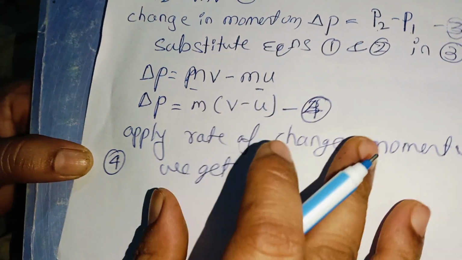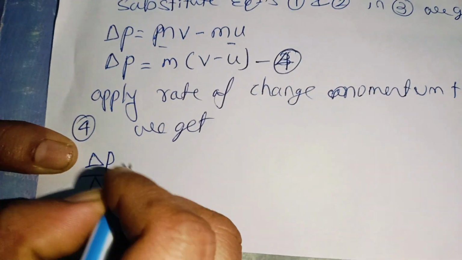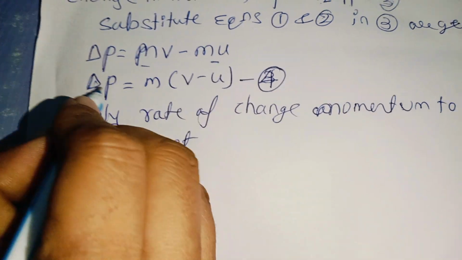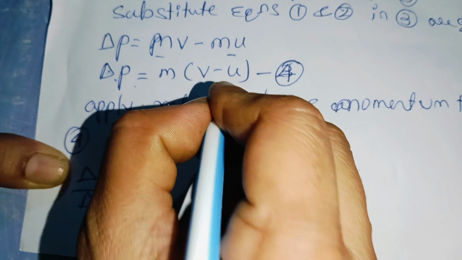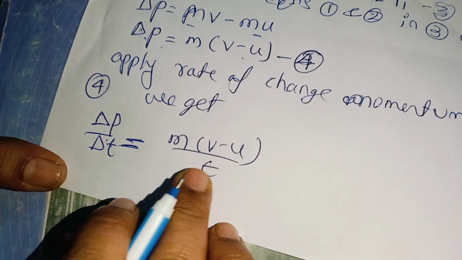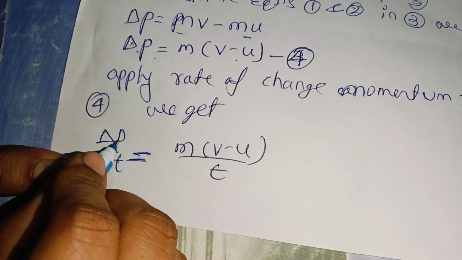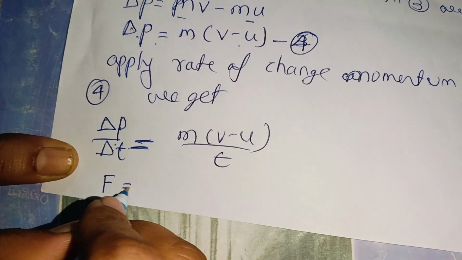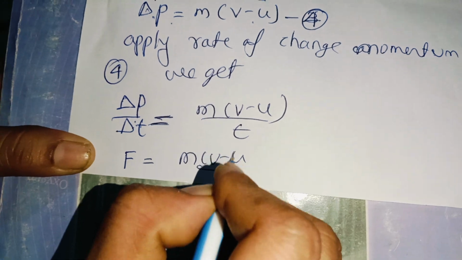We get delta P divided by delta t, that is the rate of change of momentum. Time is divided on both the left and right side of equation number 4. So we can write m into v minus u divided by t. We know that the rate of change of momentum is nothing but force F.